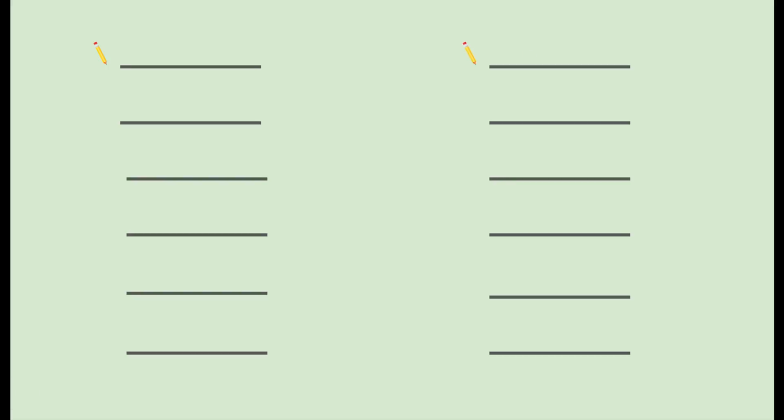Write those 2 words on your paper. Pond is P-O-N-D. Pod is P-O-D.